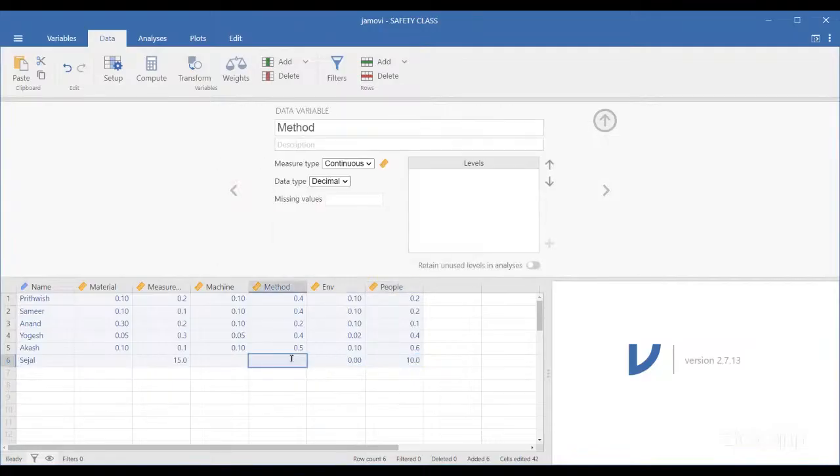She is typing in the chat. Material is 10. Method is 30. People is 10. Sir, she needs to tell me material also, machine, and measurement facility.